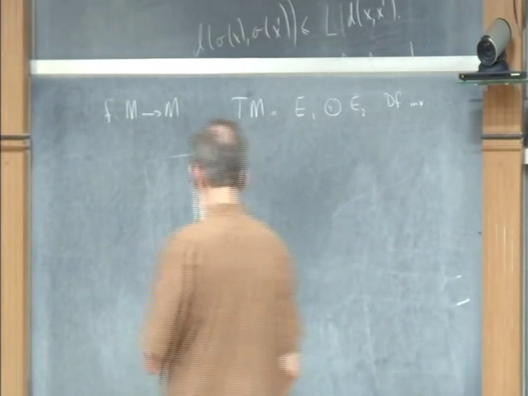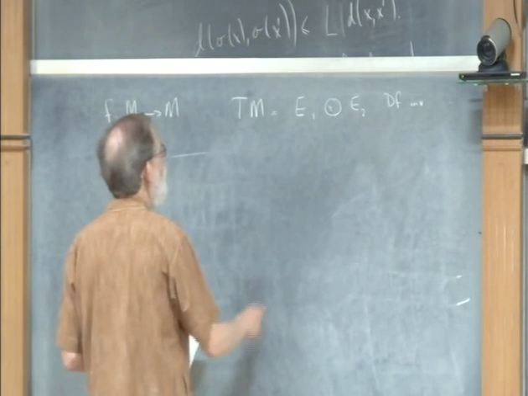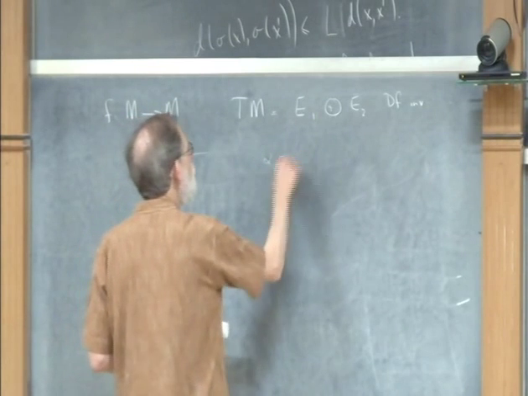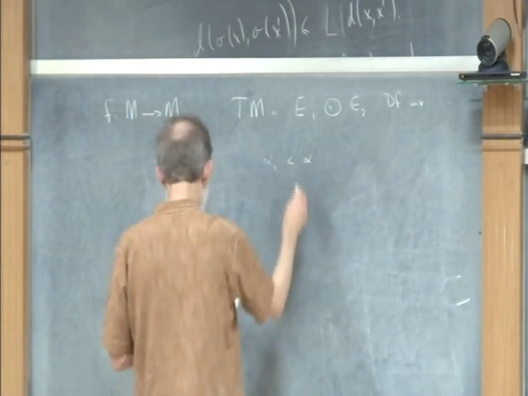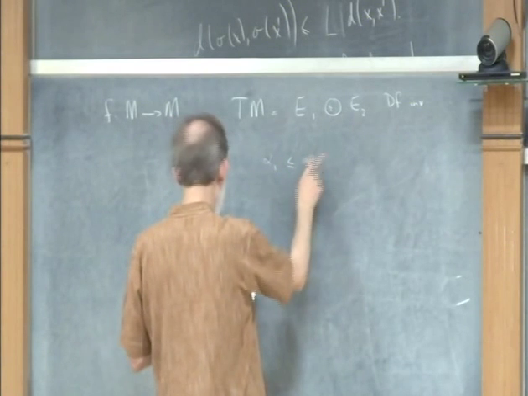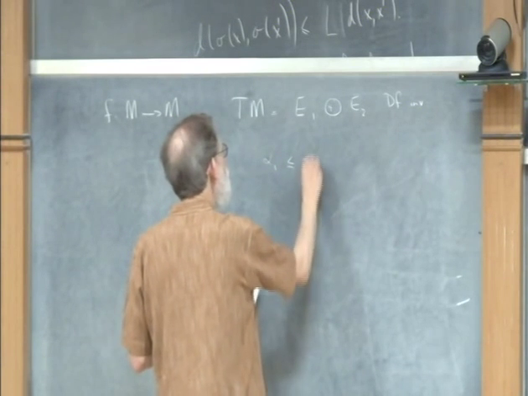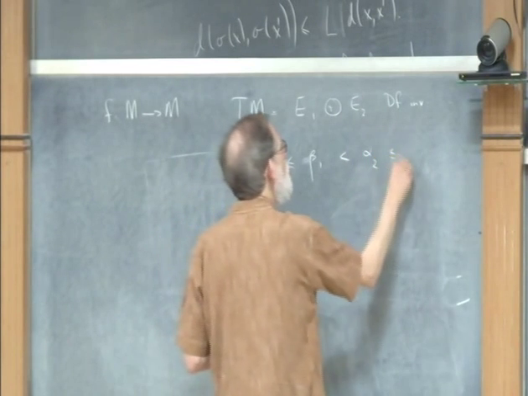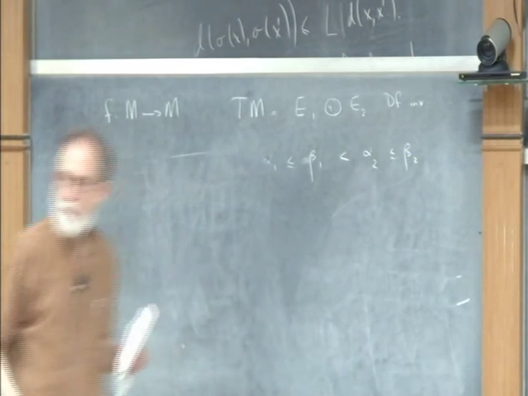And let's suppose that we have some numbers alpha 1 less than or equal to beta 1 less than alpha 2 less than or equal to beta 2.